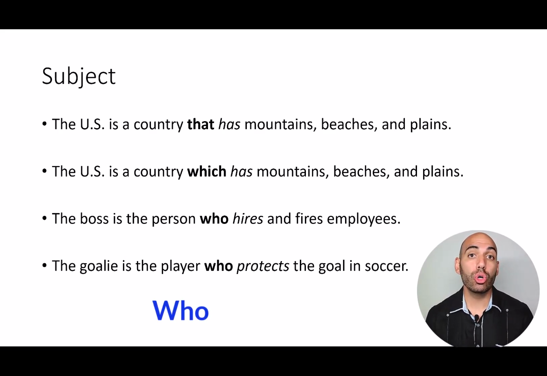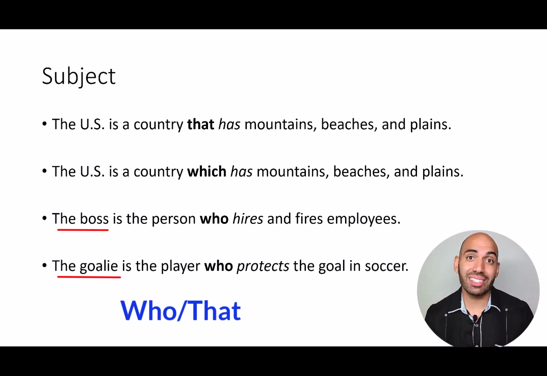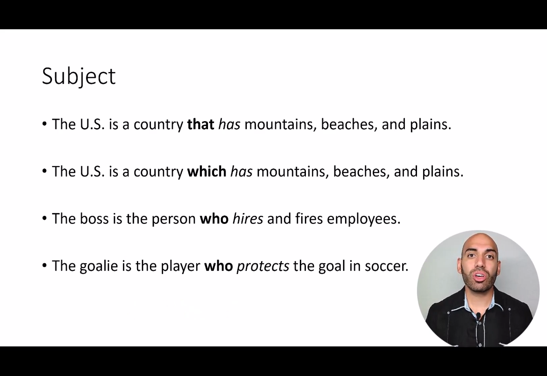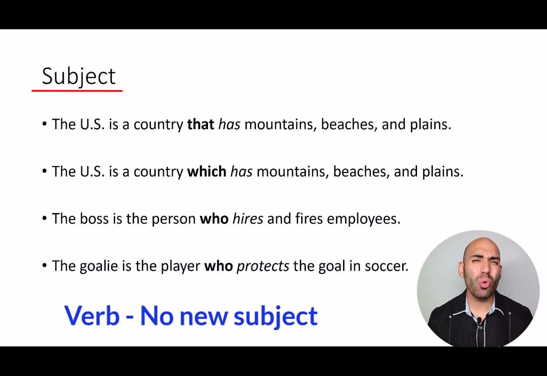Again, I am using who because the subject is a person, goalie. It is okay to use that in sentence number 3 and 4 also. These are subject adjective clauses. That means after the word that, after the word which, after the word who, I have a verb. No new subject.